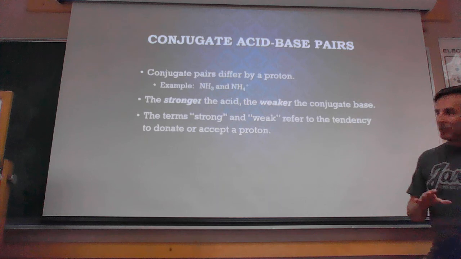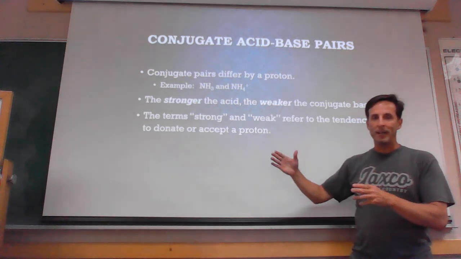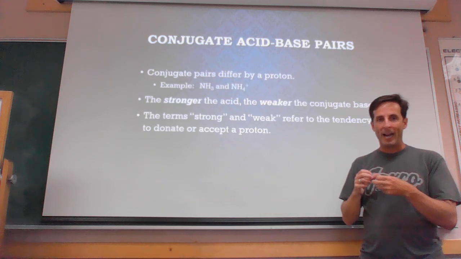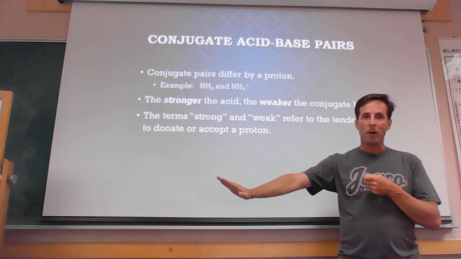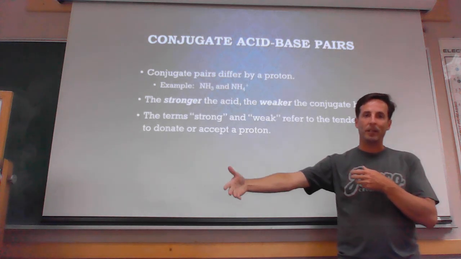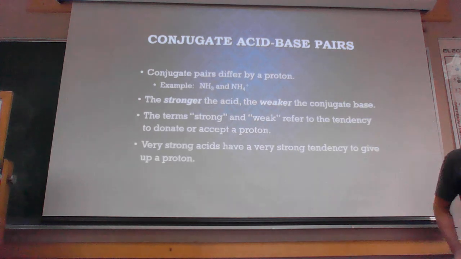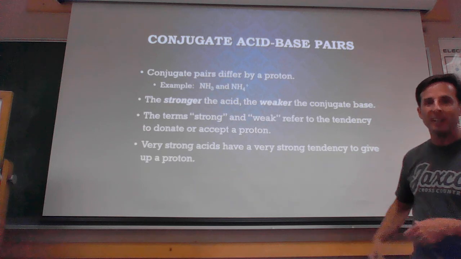And what do we mean by strong and weak? It's how efficiently an acid or base will either give a hydrogen away or accept it. Strong acids and bases are really good at giving away all of their acidic hydrogens or accepting all of their hydrogens. Okay? So a very strong acid has a strong tendency to give up a proton.